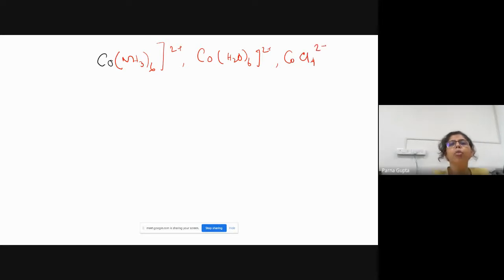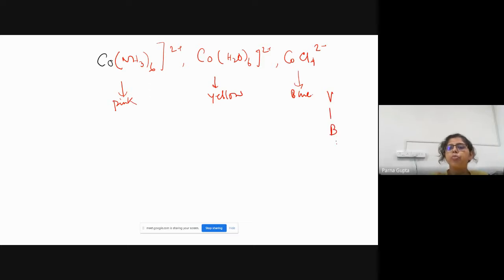Now it says this is pink, this is yellow, and this is blue.